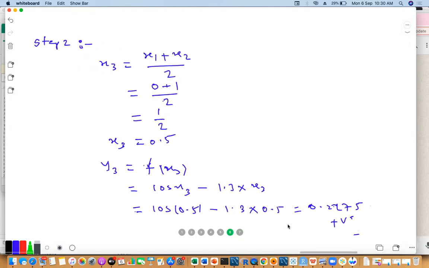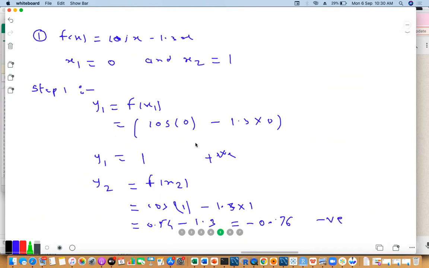In each iteration, just remember one thing. In each iteration, we should have one positive and one negative. That is the condition, right? So here we got y3 as positive. So in the next iteration, whatever earlier value of positive, that we will neglect. So in the next iteration, we will not take this y1 value or x1 value, and we will take the x3 as x1 and y3 as y1.